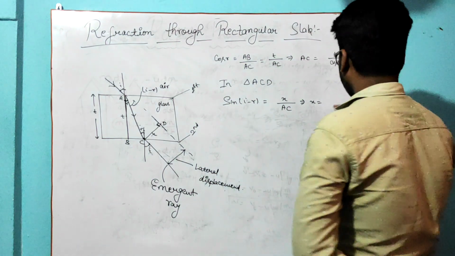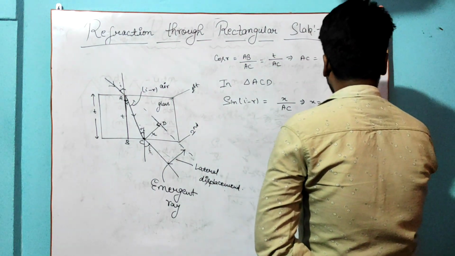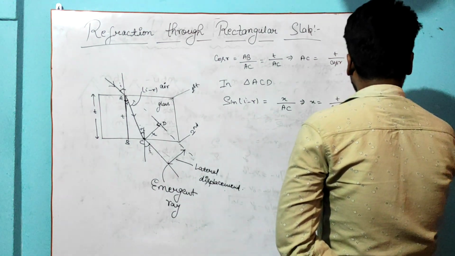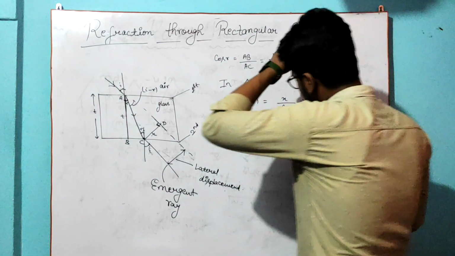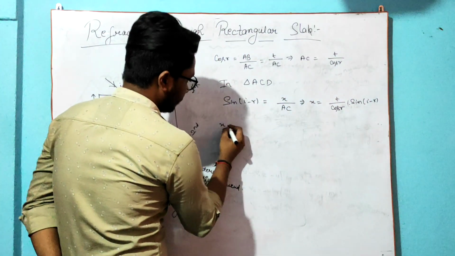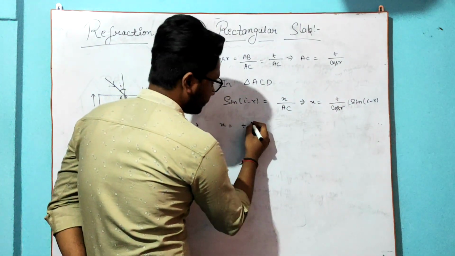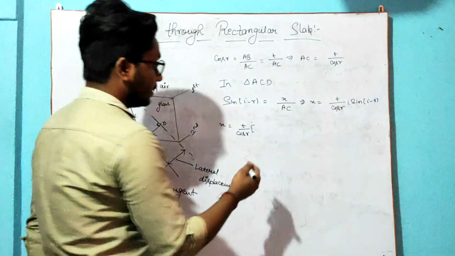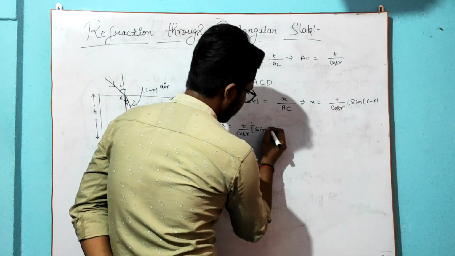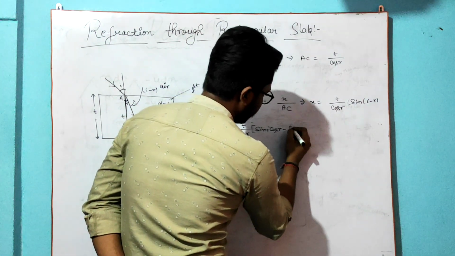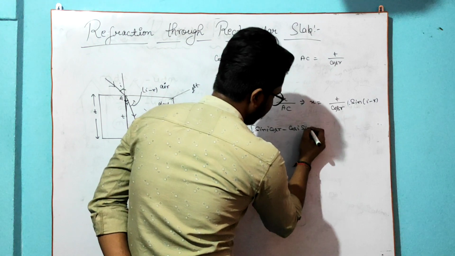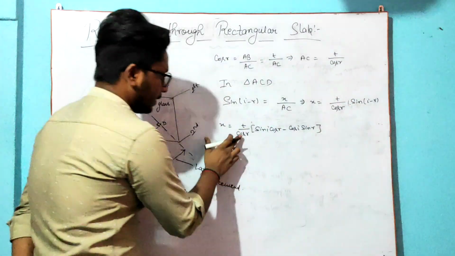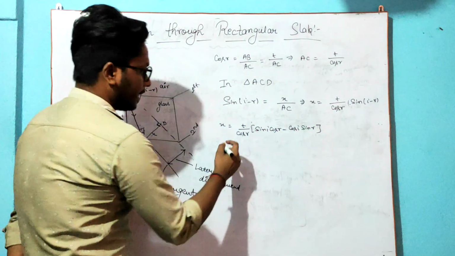This implies X is AC multiplied by sin I minus R. What is the value of AC? T upon cos R. So X will be equal to T upon cos R expanded sin A minus B. So sin A cos B minus cos A sin B. Take this denominator into the bracket.